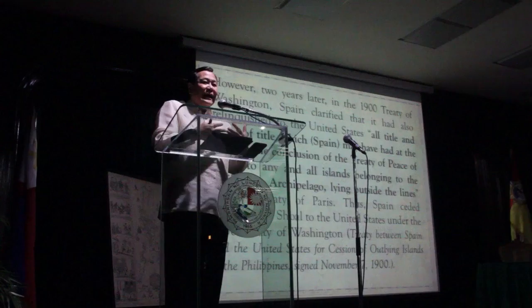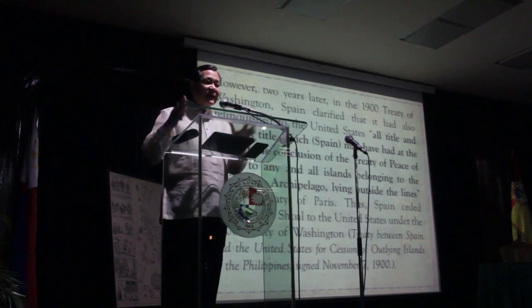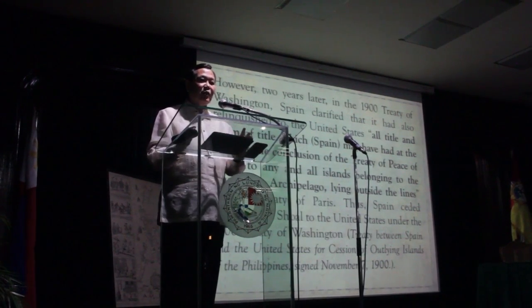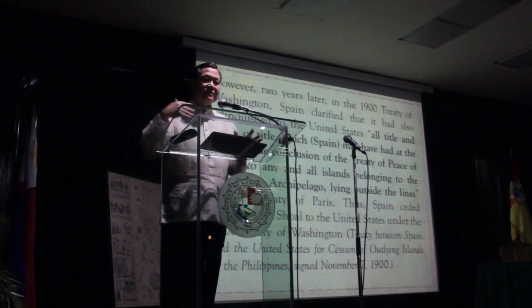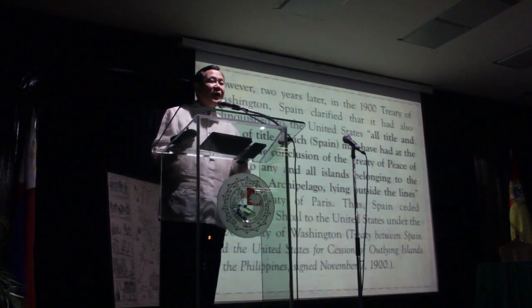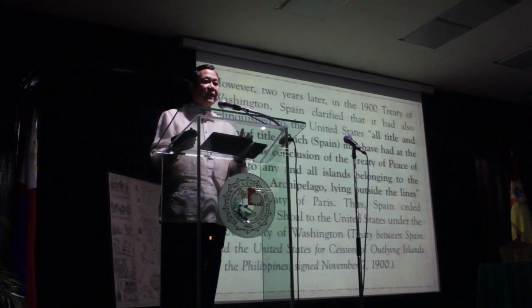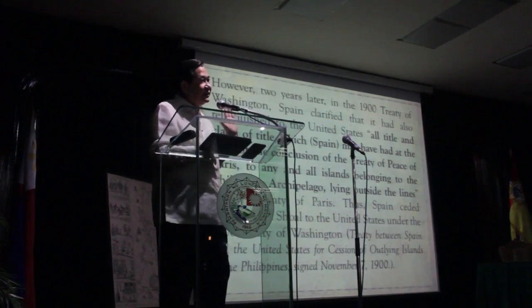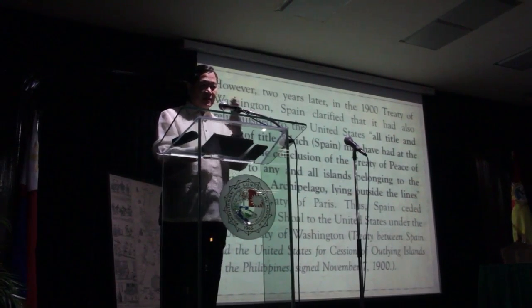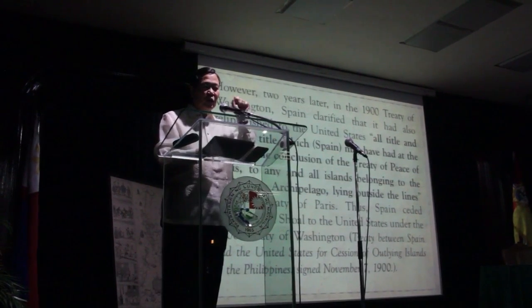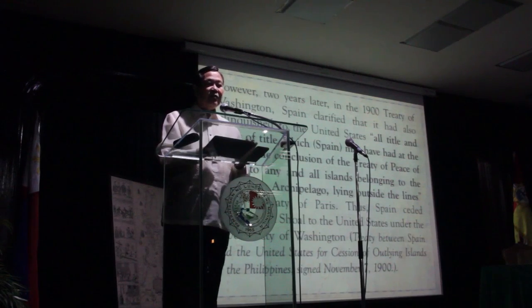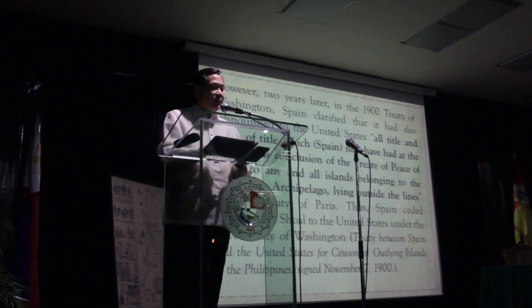So here is a catch-all provision. Everything that Spain owned, whether inside or outside of the lines, we also see that. The U.S. paid an additional $100,000 to Spain for this treaty. So, Scarborough Shoal was ceded by Spain to the U.S. in the Treaty of Washington of 1900.